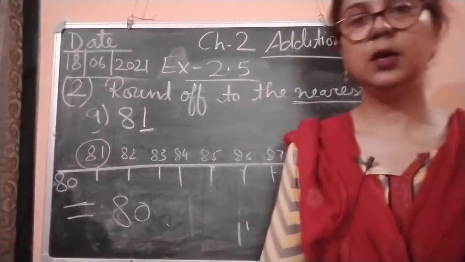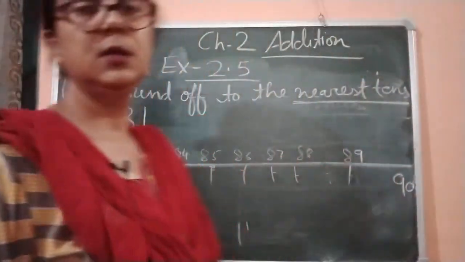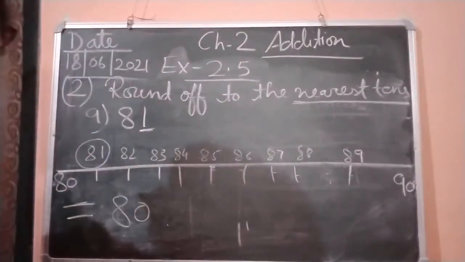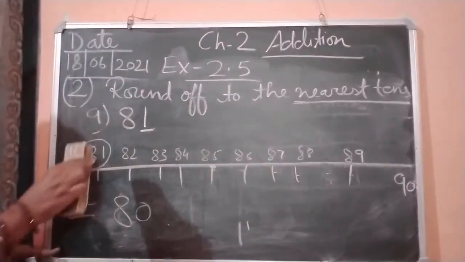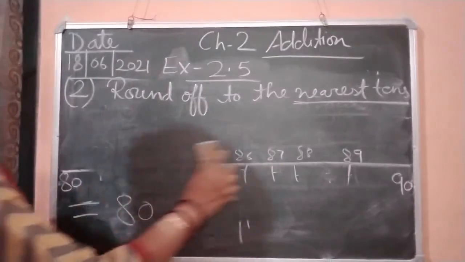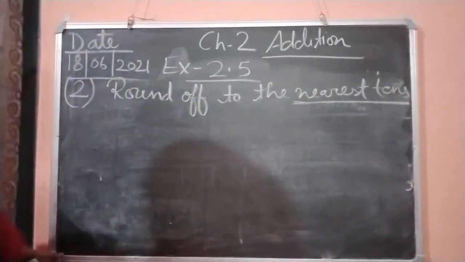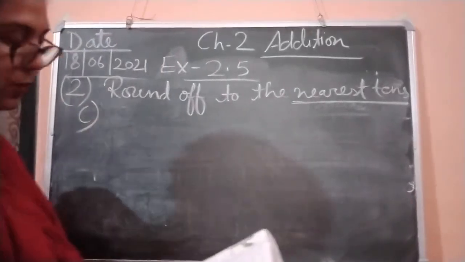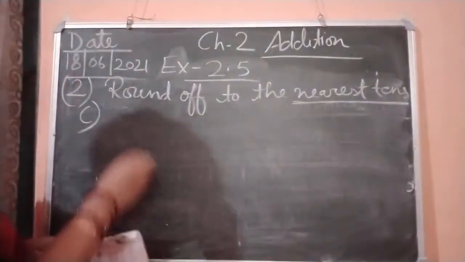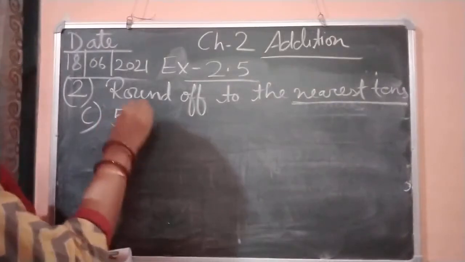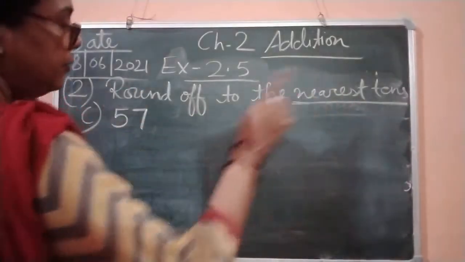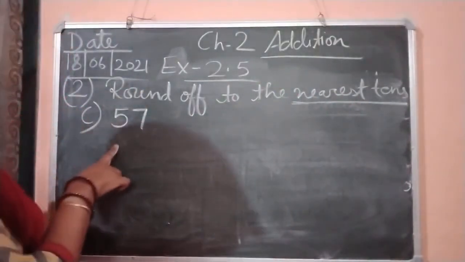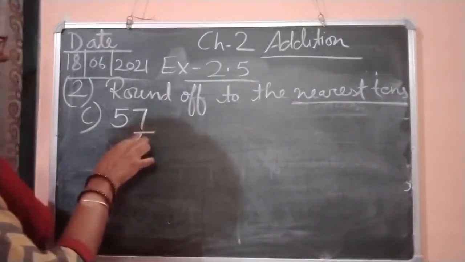Now we are moving to the C number. So complete it, children. At C number you can see 57 is written. So nearest 10 we have to find out. Here you can see at ones place 7 is there.